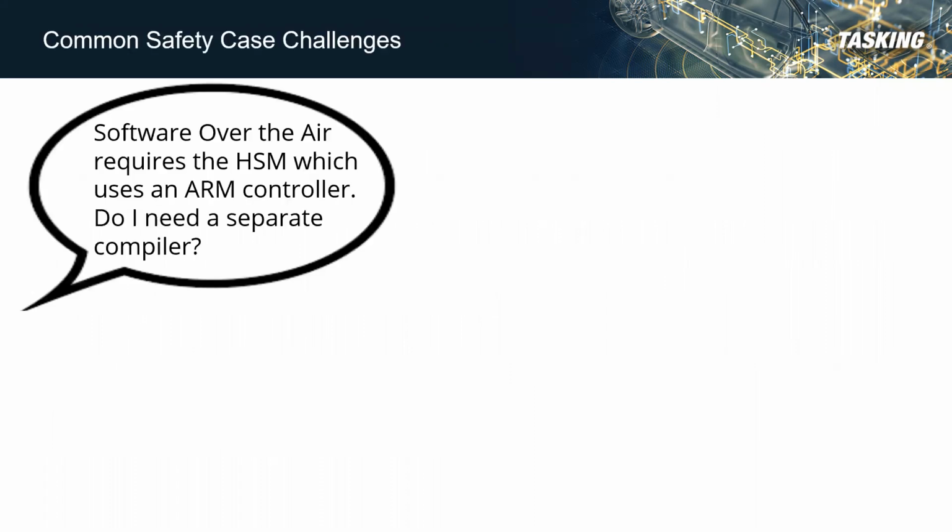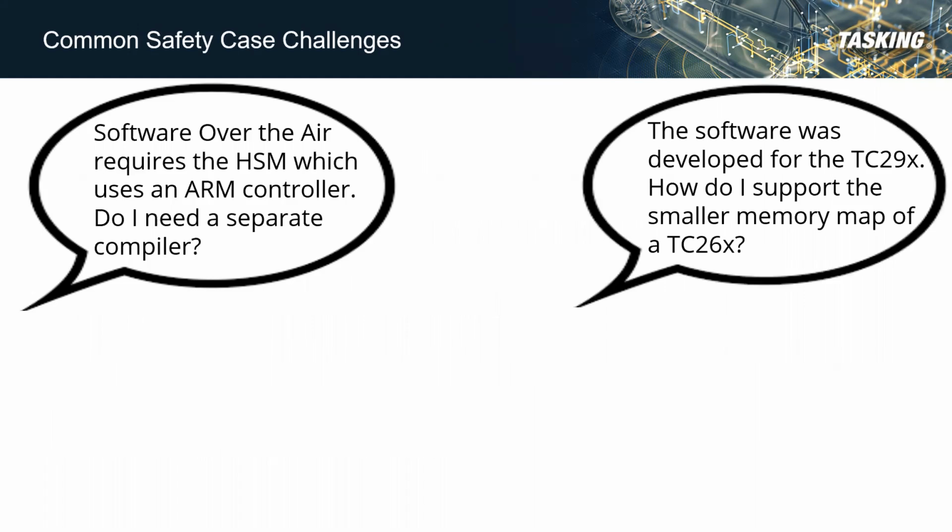Looking at some of the challenges: software over the air requires HSM, which uses an ARM controller. So do we need a separate compiler to do this? The software was developed for the TC29X, but the OEM has also told them that they need to be able to move to a TC26x.